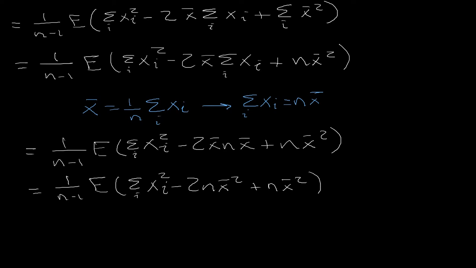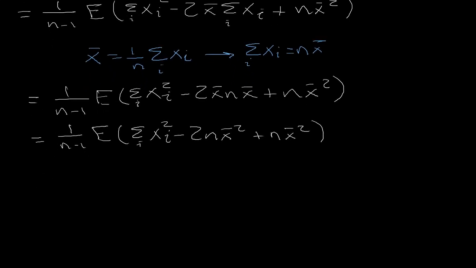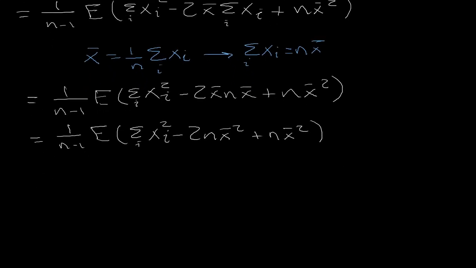So you notice that we can simplify these 2 terms, right? Both are n x bar squared. This is a minus 2, this is a plus 1. So we can simplify like this: minus n x bar squared. Excellent.